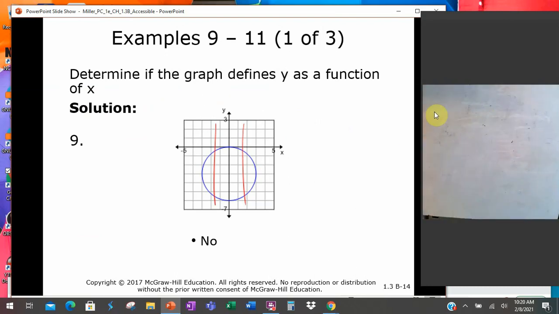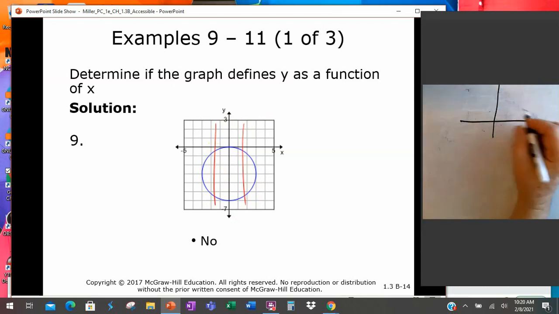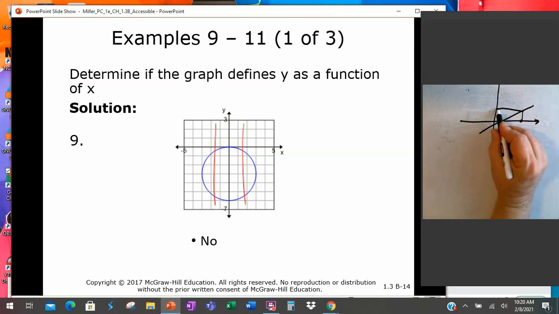I've got a circle, and if I do this vertical line or this vertical line, I see it cuts that place there and there. So for one x input, there's my x, I get two different values of y. If I go back and look at graphing a straight line, any x, I get one output.